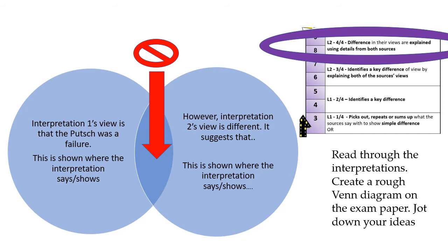You then need to make a contrast, so you need to begin: However, interpretation 2's view is different. It suggests, and then put your summary of interpretation 2's view in here, followed by the evidence that's allowed you to adopt that view. And that's all you need to do for this question.